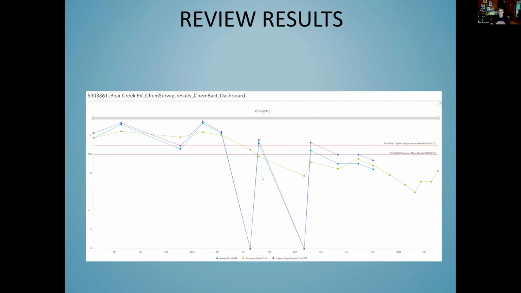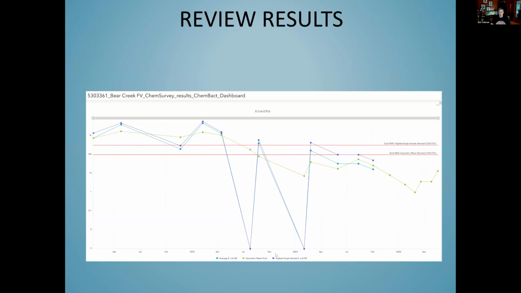And then the other data point here is the highest single sample. This other red line on the dashboard represents the highest single sample. The legal standard doesn't want that to be greater than 320 CFU.